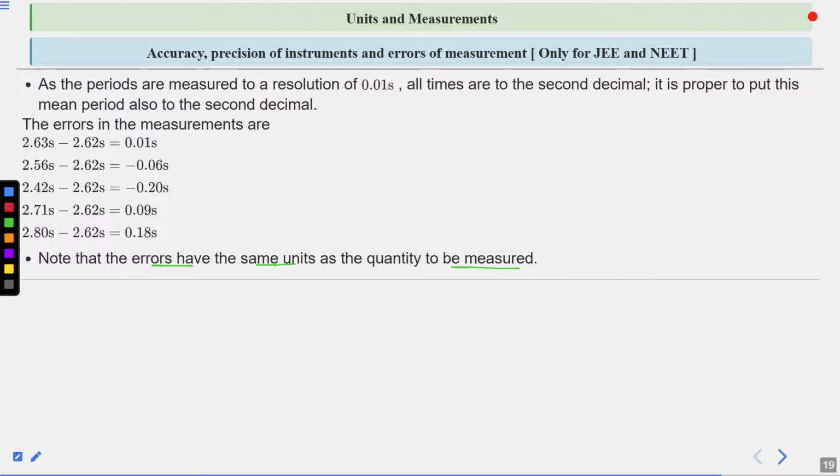If you want to calculate the absolute error, you need two values. First is the observation value and second is the true value, and find the difference, the magnitude of the difference between the observation value and the true value. Then you will get the absolute error. Clear?